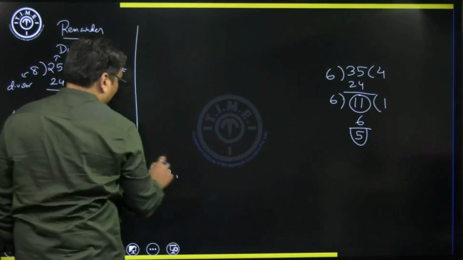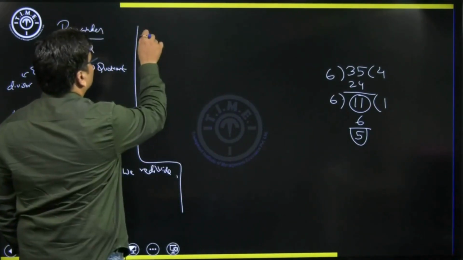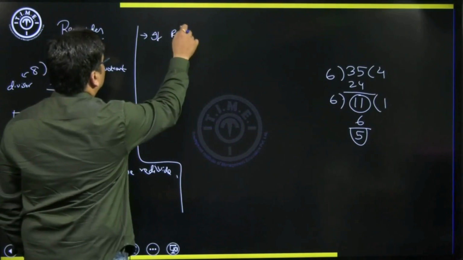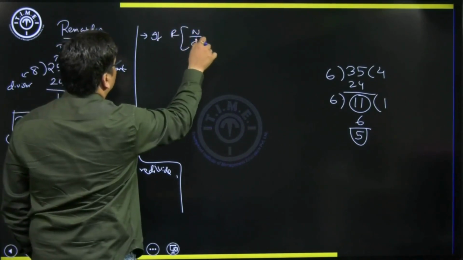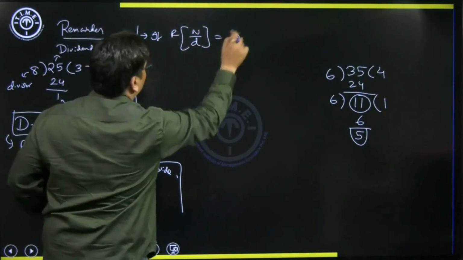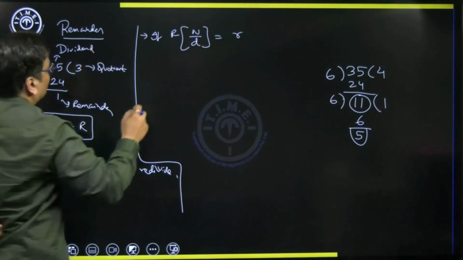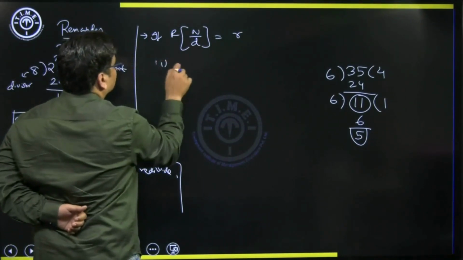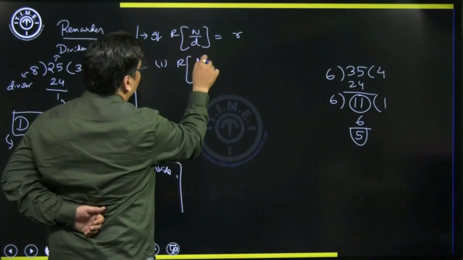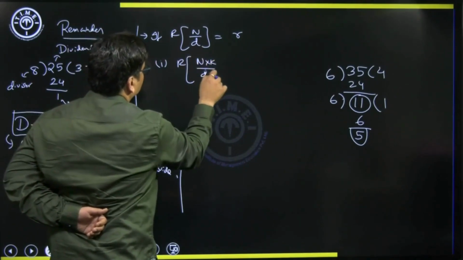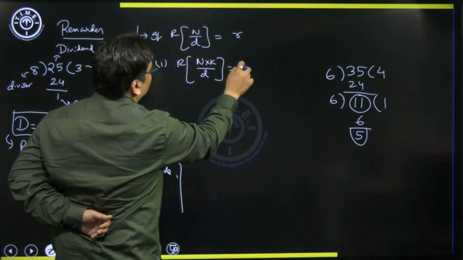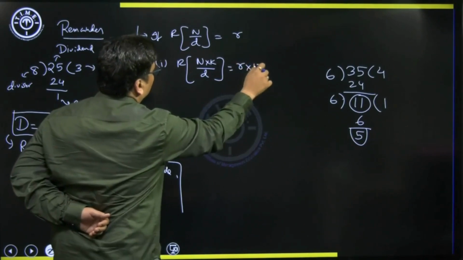Some more properties. If the remainder when a number n is divided by d is some r, then point number 1: the remainder when this number is multiplied by k, when divided by the same divisor, will be r into k.